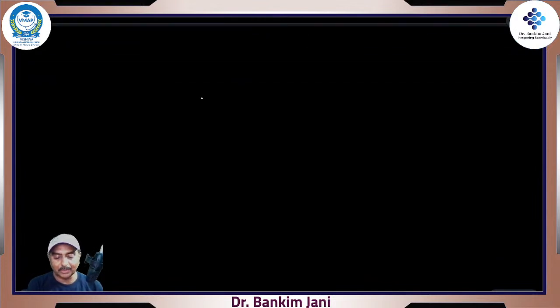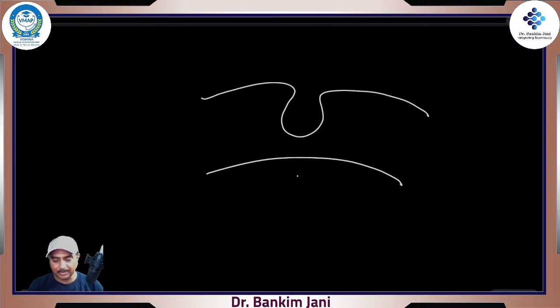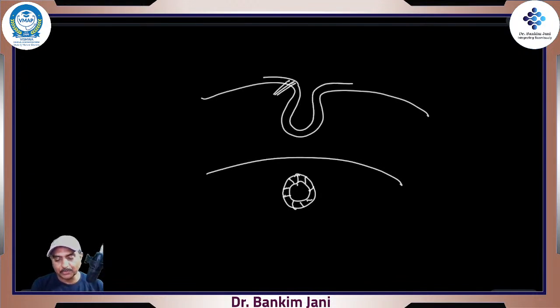As it goes down, there is involution, and then gradually it remains like this, and the neural tube is formed, right? This was what was called the involution. And the cells which were over here, we call them the neural crest.